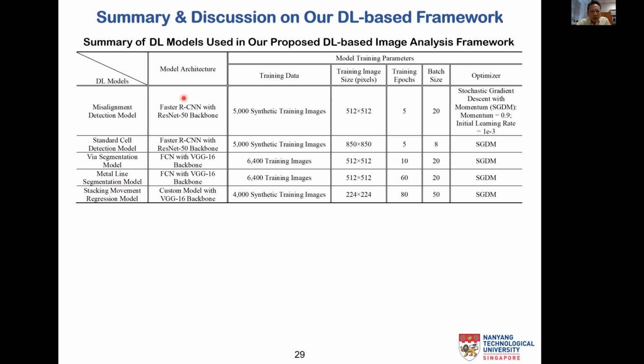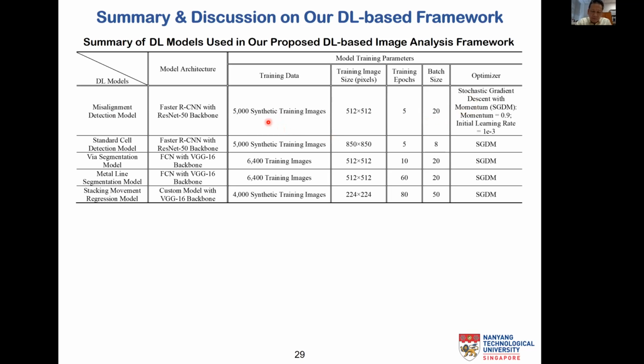We are using the model architecture of Faster R-CNN, which was developed by Ross Girshick, with a ResNet-50 backbone, with training data of 5,000 synthetic training images, a training image size of 512 by 512, training epochs of 5, batch size of 20, and we're using the SGDM optimizer. What is the meaning of that?